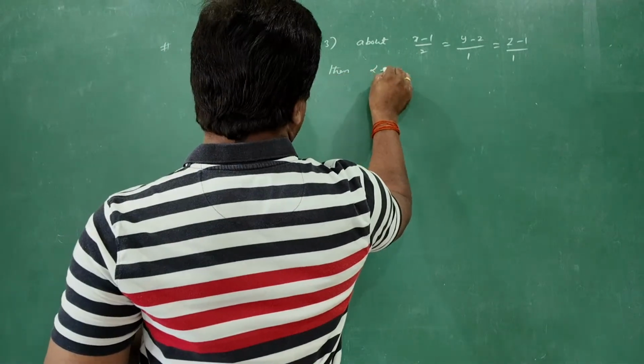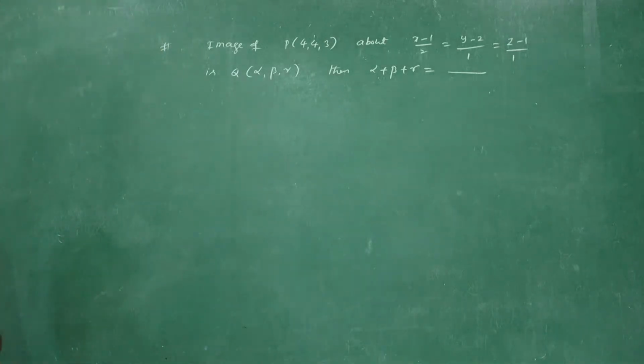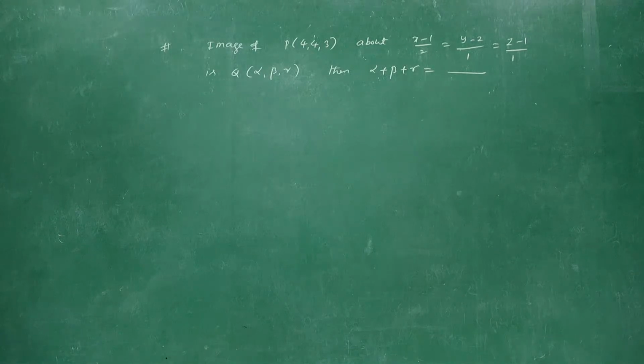Then you need to find alpha plus beta plus gamma. This is the question. 4, 4, 3, (x minus 1) by 2, (y minus 2) by 1, (z minus 1) by 1.